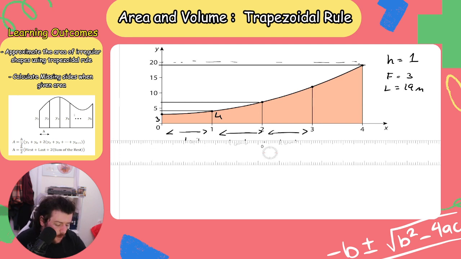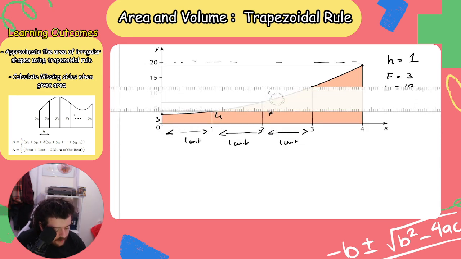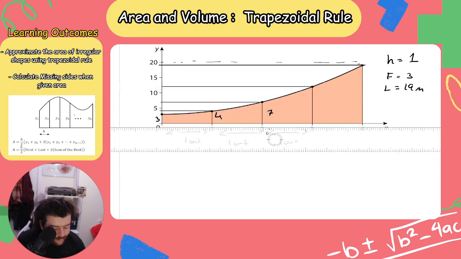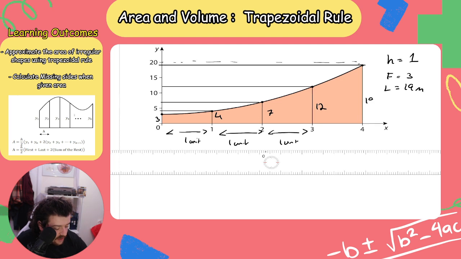Yeah, go on. Let's say 7. That's going to be 7. This height here is going to be, hmm, what do we say? 12. Yeah, go on. Let's say 12. That's going to be 12. And then finally, we know my last height is 19. So now I have all my heights here.